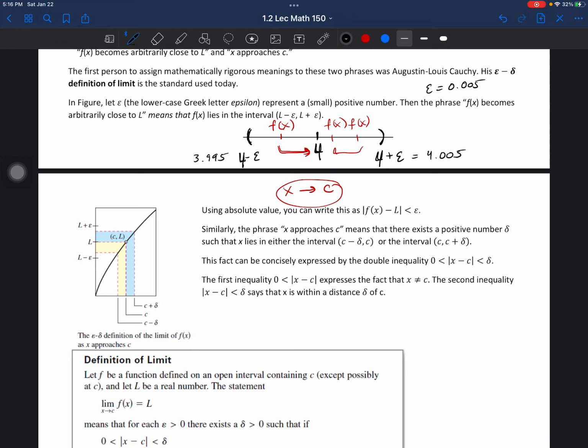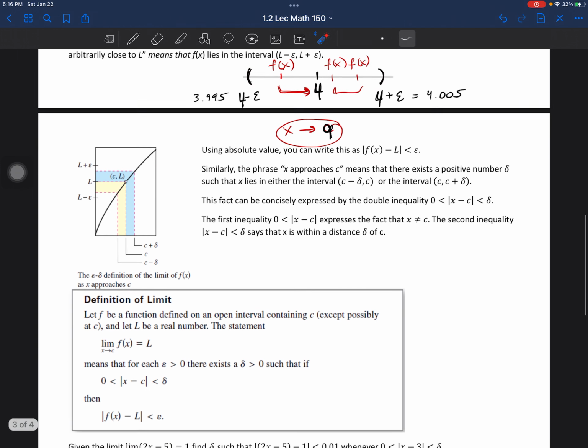And so if you notice, if x is closer to, let's say, 9, then the value of the function is very close to 4, and so it lives within these boundaries. That's what we're trying to say with this.